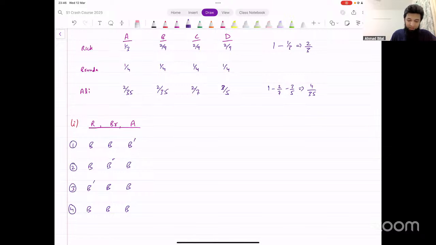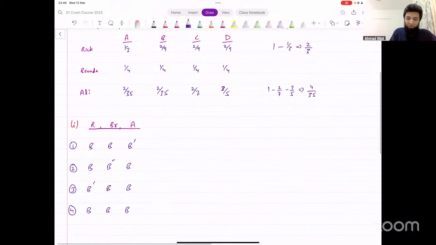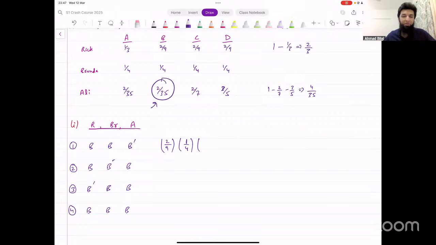Let's find the probabilities for each one of these cases one by one. The first case, Rick chooses B. What's the probability for that? 2/9. So we say it's going to be 2/9 times 1/4 for Brenda. And then Ali does not choose entrance B. The probability of Ali choosing entrance B is 2 out of 35. What's the probability of him not choosing entrance B? 1 minus 2/35. What would that be? 33 out of 35. That's this first case, right?